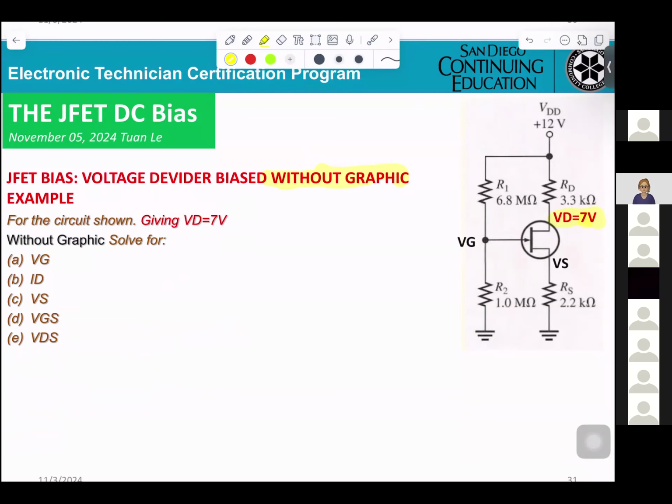So if VD equals 7 volt, can you calculate the ID? ID equal VDD minus VD divided by RD.